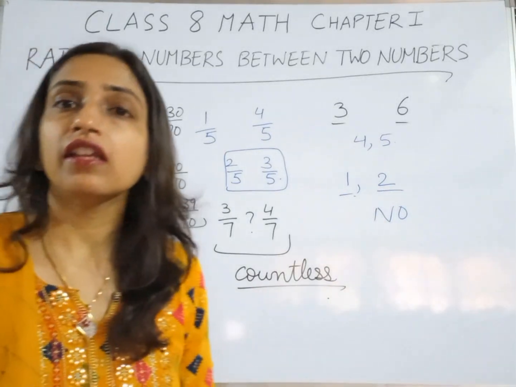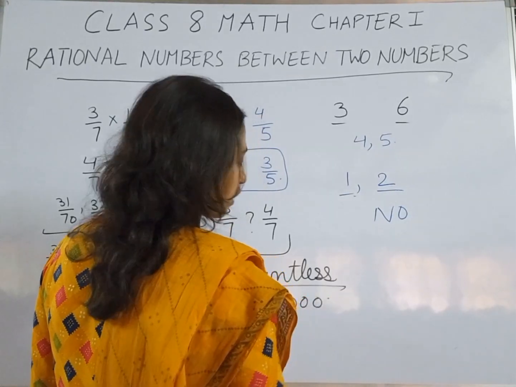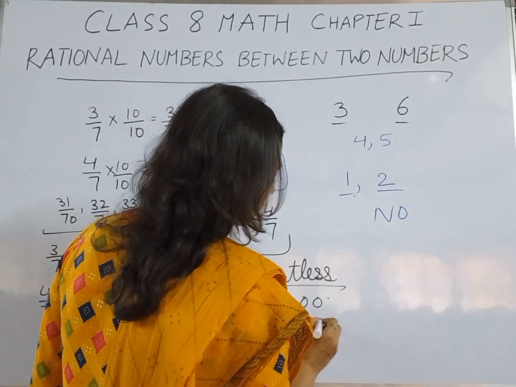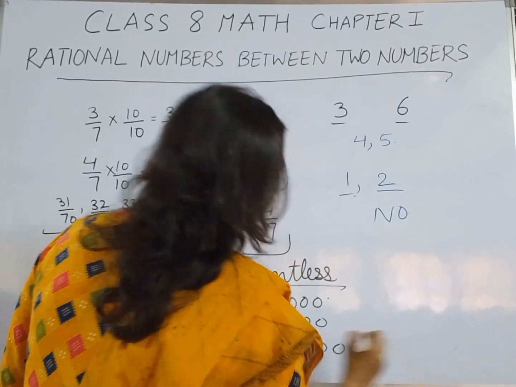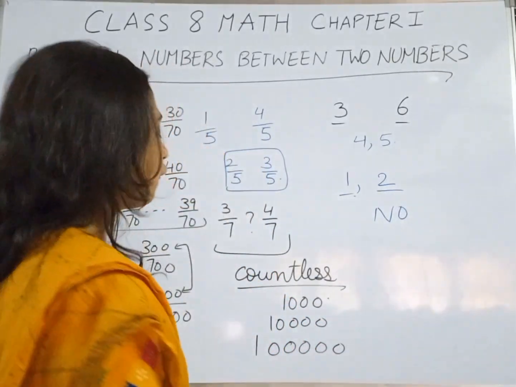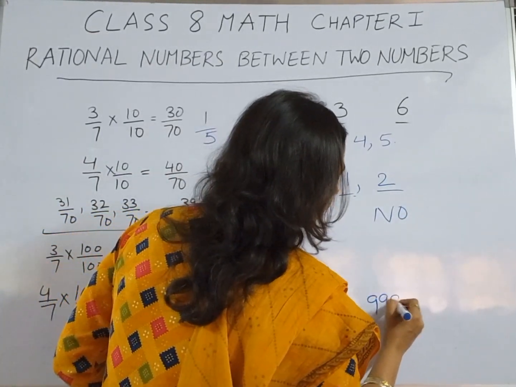Similarly, we can increase the multiplication factor. We can multiply with 1000, then with 10,000 and then with 1 lakh. So we can keep on doing so. If we multiply with 1000, there would be 999 numbers.